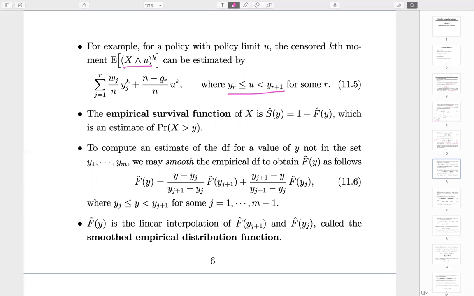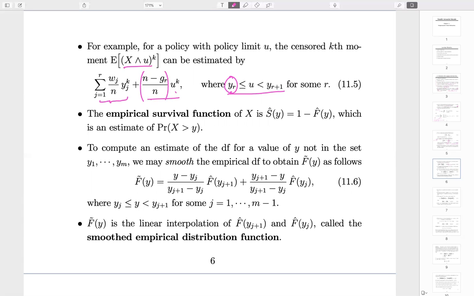Then we know beyond yk, you simply make all the values equal to U. That's the limit. That is the reason why you have this probability. It's basically 1 minus the previous CDF at this point. That's the survival probability. So the survival probability times the limit. That's the censored part.